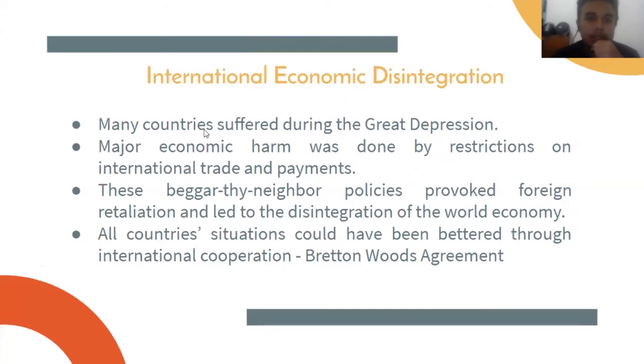Not only the U.S., not only the big countries, but almost the whole world suffered during the Great Depression. Major economic harm was done by restrictions on international trade and payments. These beggar-thy-neighbor policies provoked foreign retaliation and led to the disintegration of the world economy.